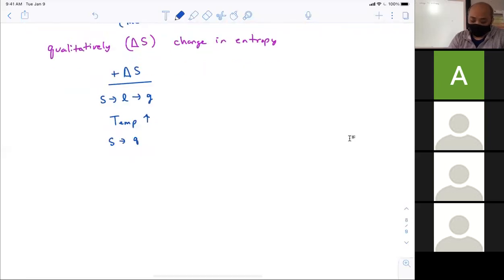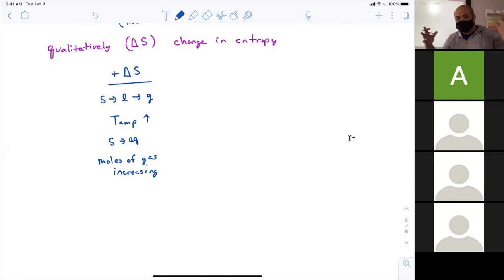A solid being dissolved into aqueous, being dissolved in a solvent, is an increase in entropy. And also, the moles of gas increasing. When you think about it, the only state of matter that is really significantly affected by entropy is gas, because solids and liquids are fairly close together and very restricted in their movement.